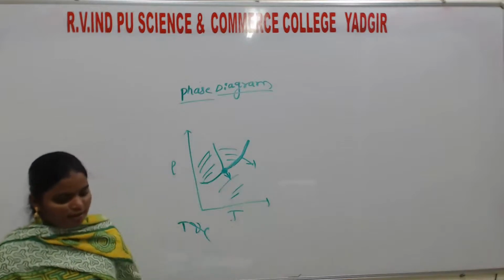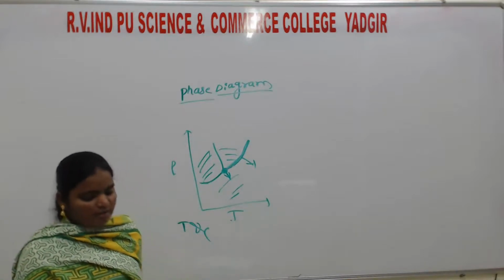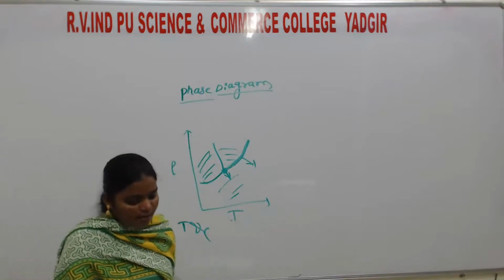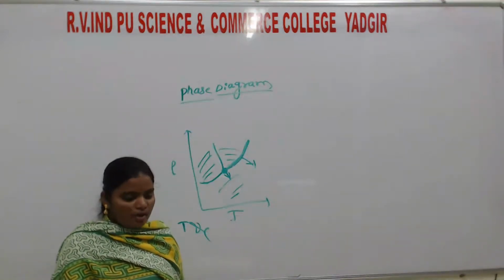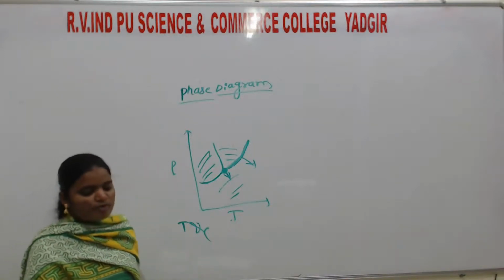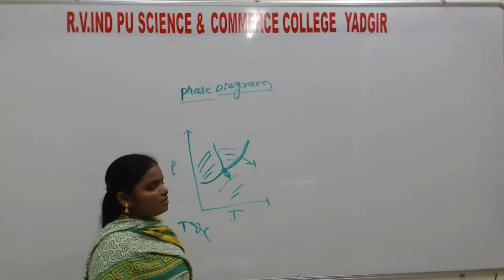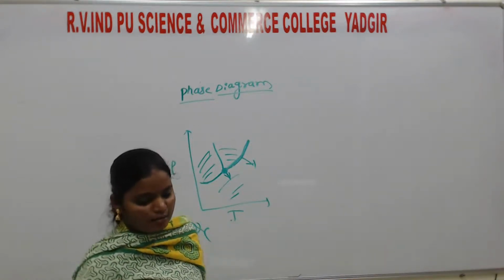The phase diagram is defined as showing the conditions of pressure and temperature under which two or more physical states can exist in equilibrium.